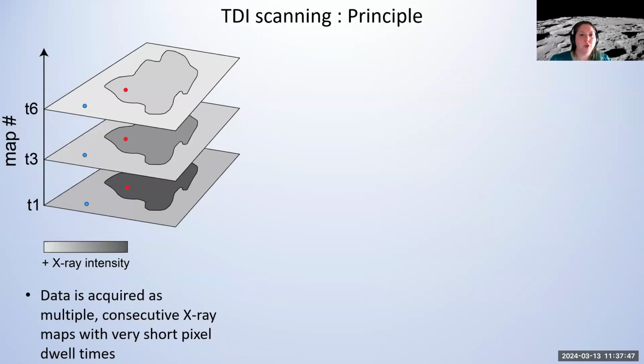It's very similar to how we do analysis on spots, but instead of analyzing different intervals during the analysis, in this case you acquire multiple maps. You run the same map multiple times with relatively short acquisition times, pixel times, but you do it repeatedly again and again.